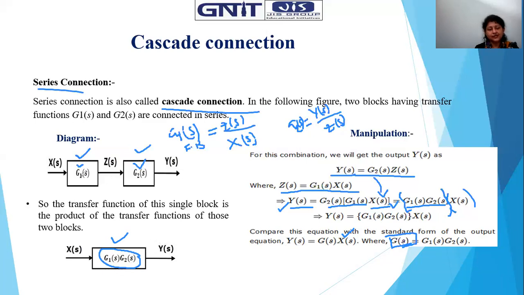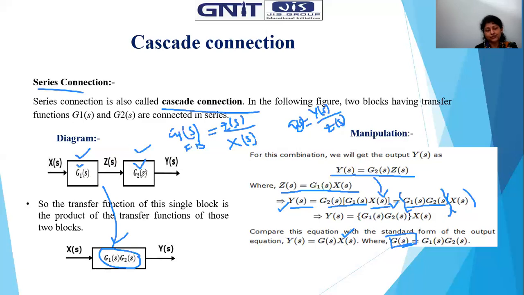So one can say that if there are two or more blocks, then we take this multi-stage block diagram into a single stage by applying the concept of the series network or the cascade network. What we have manipulated finally is that if the blocks are in series or cascade connection, then the simplified block will have a transfer function that is the multiplication of these two.